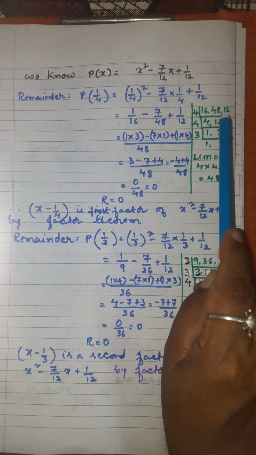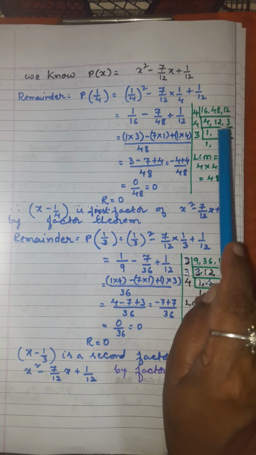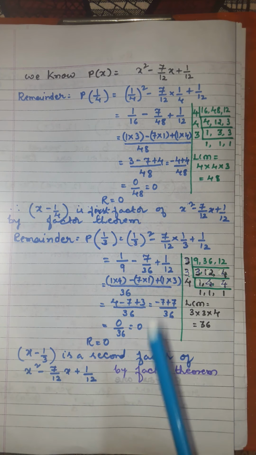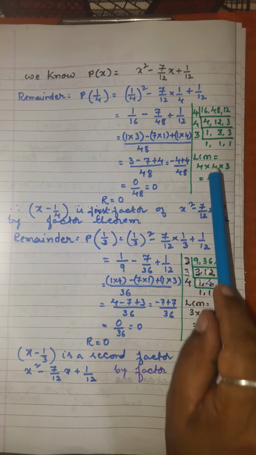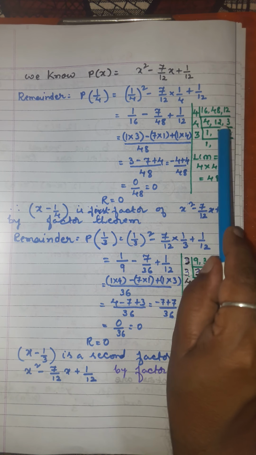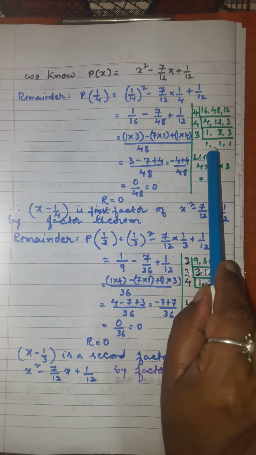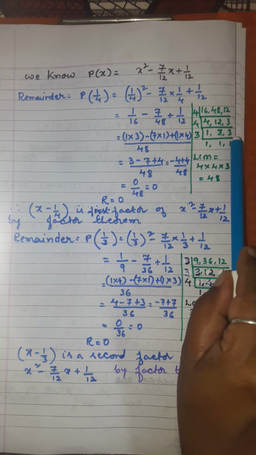Let us divide 4 and 12 by 4: 1 times 4, 3 times 12, and 3 as it is, because 3 is not divisible by 4. Again 1 is not divisible by 3, but 3 and 3 are divisible by 3. So let us divide 3 and 3 by 3: 1 as it is, 1 times and 1 times.